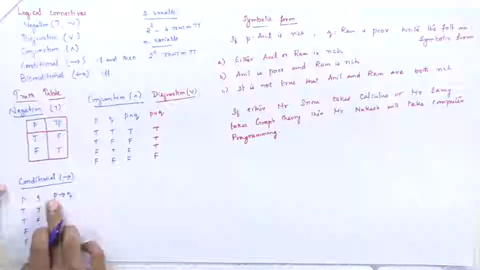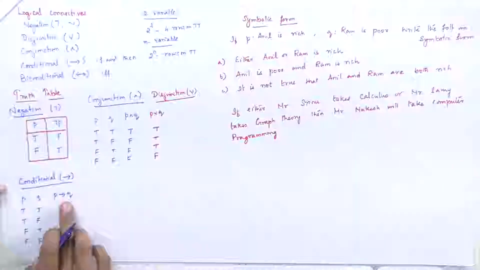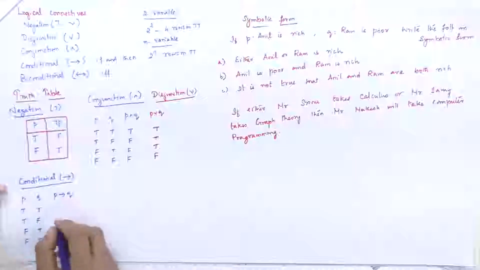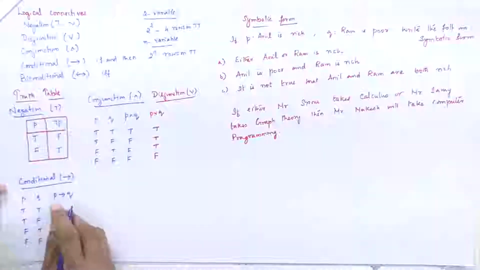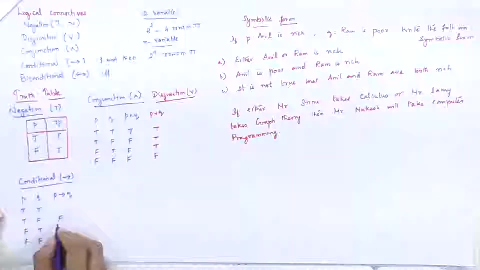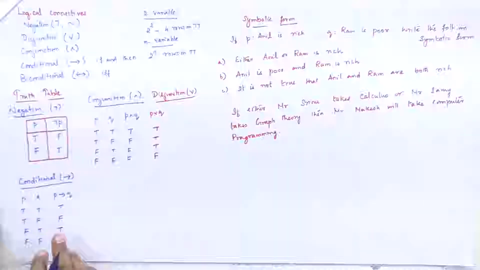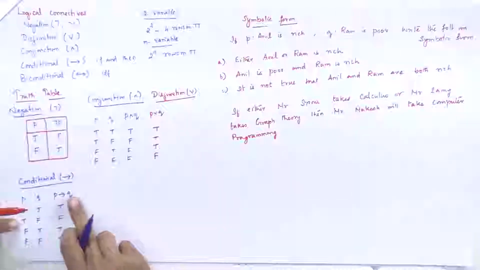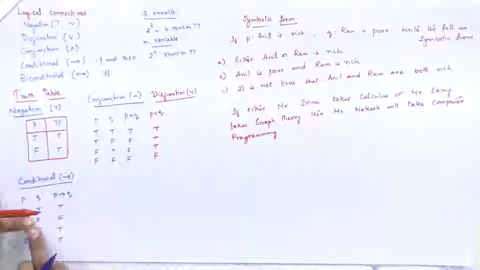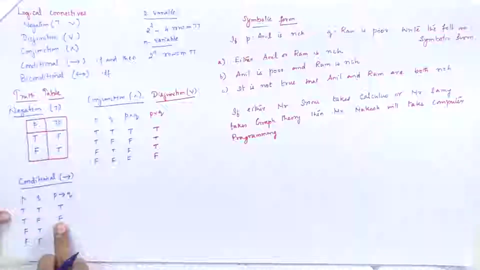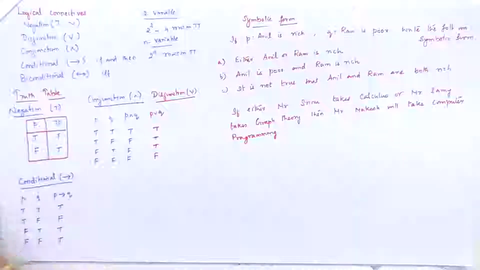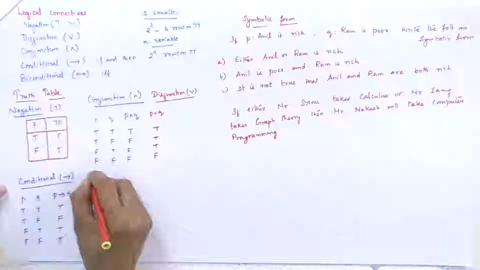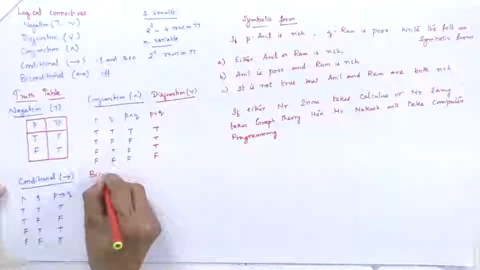If P takes the truth value T and Q takes the truth value F, then the resultant truth value of this statement will be F. Otherwise, it will be only T. Understood? I repeat: if the truth value of P is T and the truth value of Q is F, then the resultant truth value will be F. Otherwise, it is T. So this is how we construct the truth table for the conditional connective.